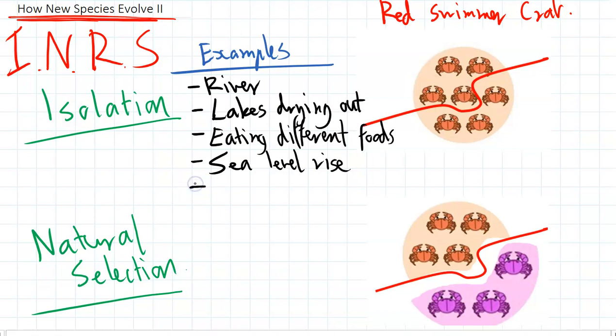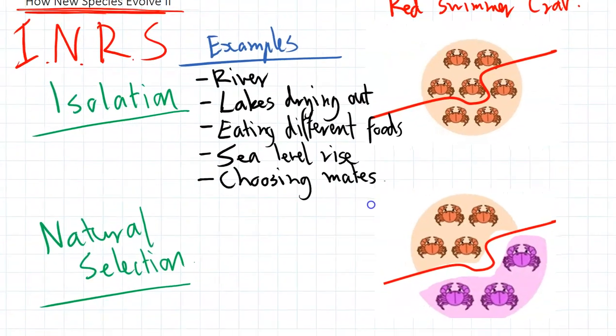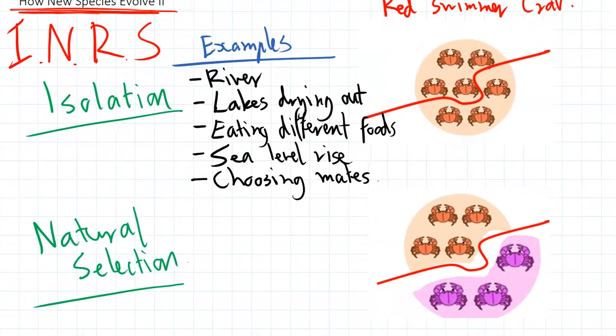Another one based on behavior would be choosing certain mates. So one group of individuals might choose a particular characteristic in their mate compared to other individuals. And that might be enough to split the population into half, or isolate separate members.